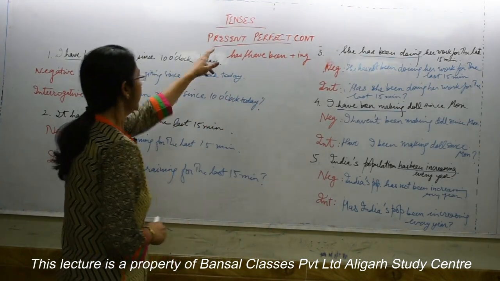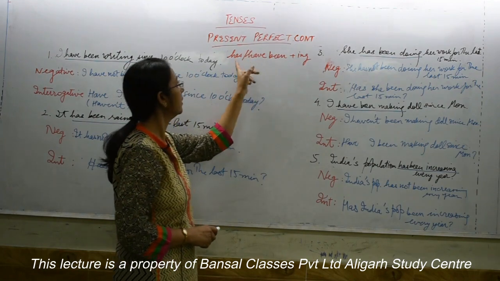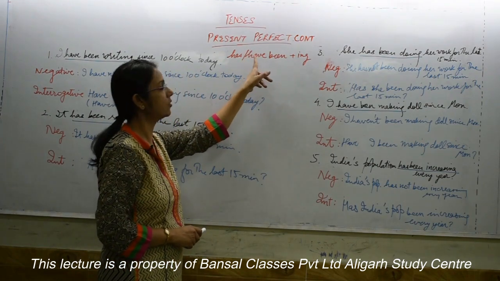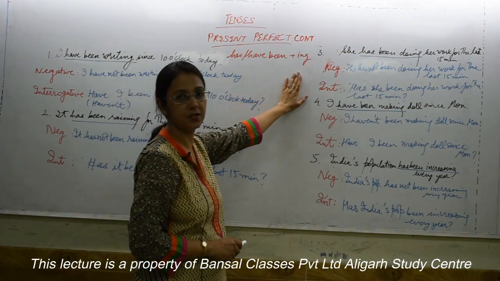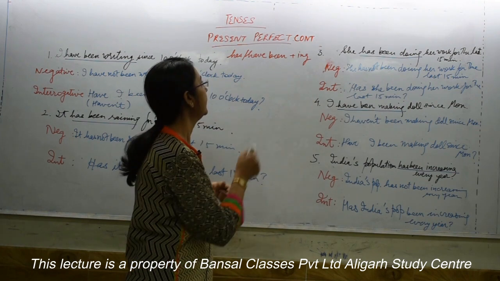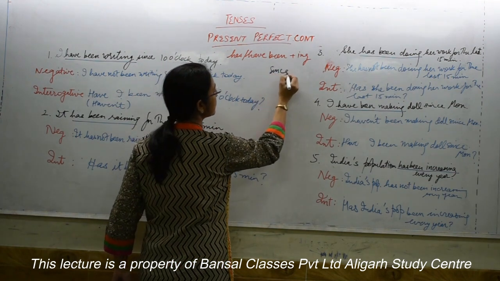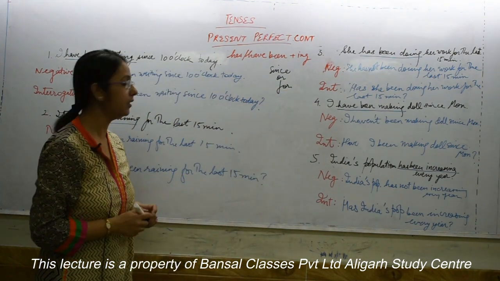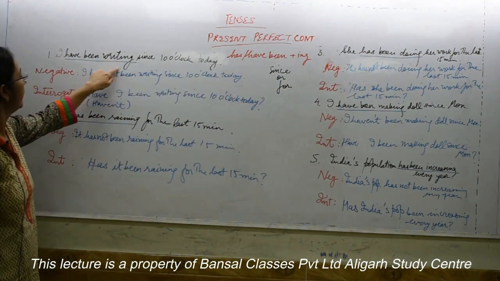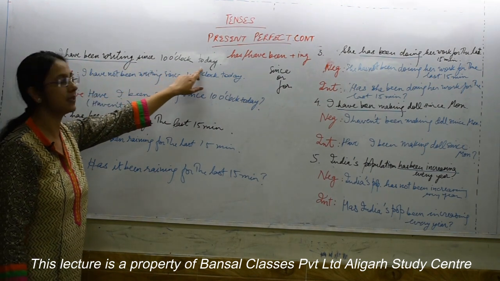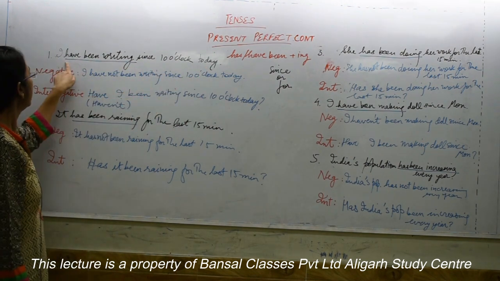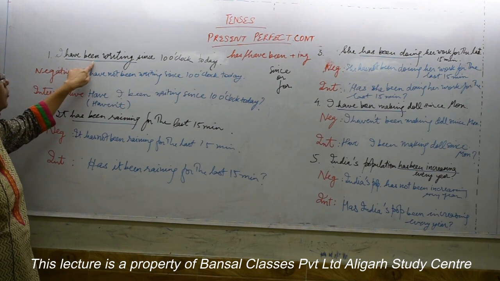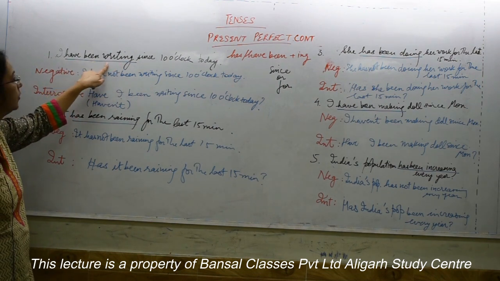So in the present perfect continuous, we use has or have been plus the ing form of verb, and it is used with since or for. Let us take the example. I have been writing since 10 o'clock today. I will come with have, been would be added, and the ing form of the verb.